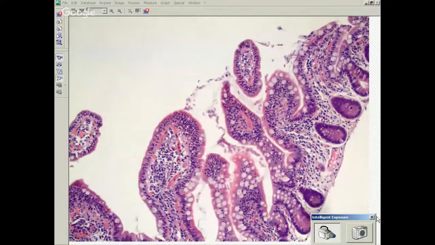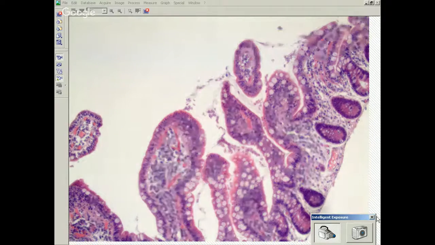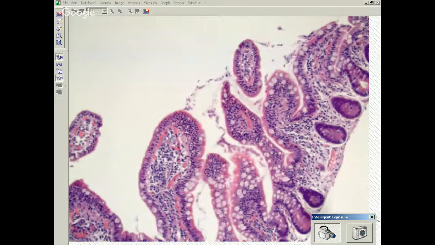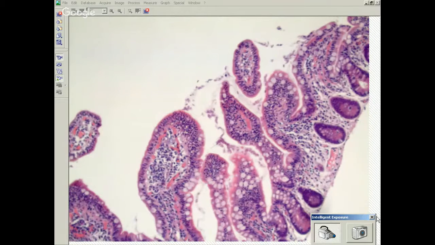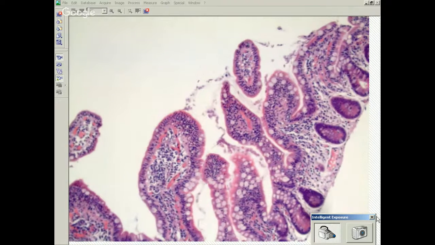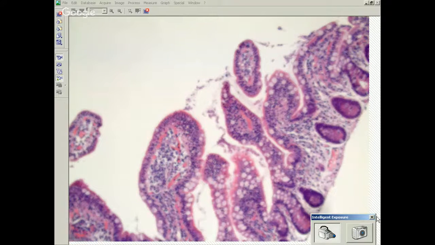The villus architecture is preserved. Good. And on the lower part, you can see there are a lot of probably lymphocytes within the epithelial cells. Very good. So even on low power, from far away, you could see that there are intraepithelial lymphocytes. The villus architecture is preserved.